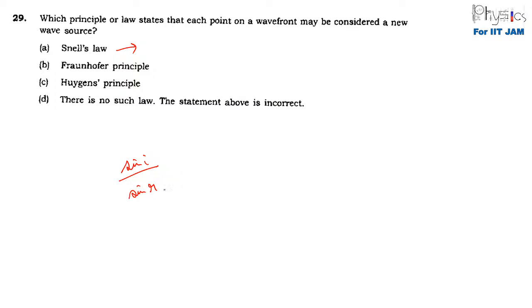That is, sin I by sin R equal constant, right? This is Snell's law. Now, Fraunhofer's principle deals with diffraction, right? Now, what is Huygens principle?